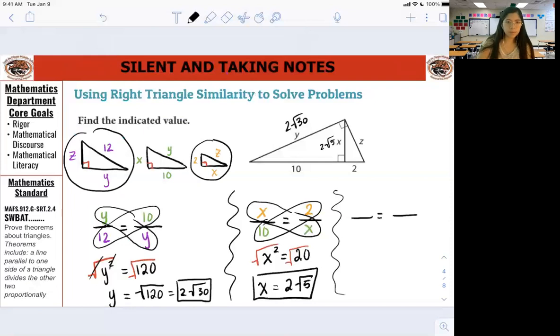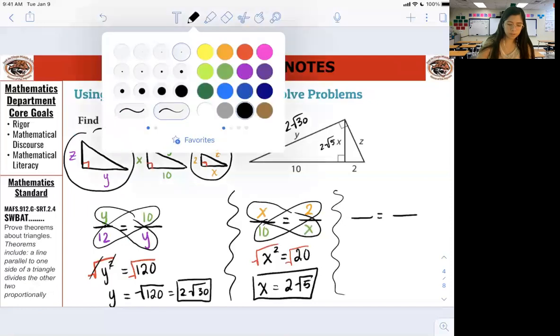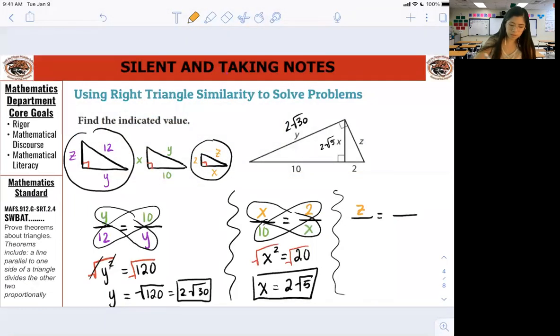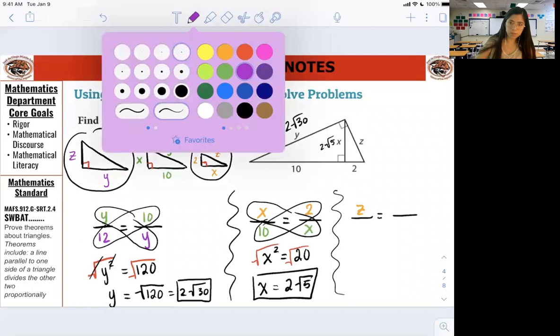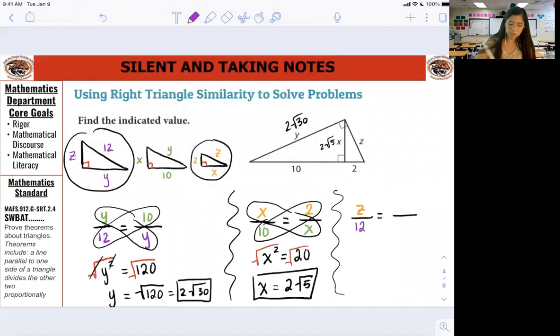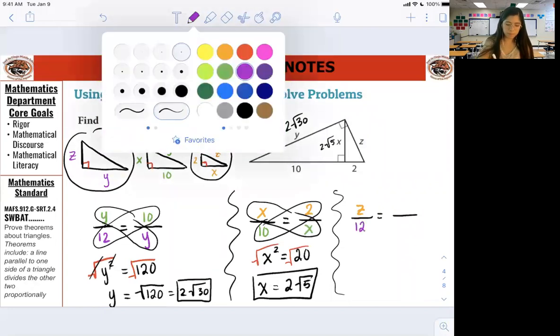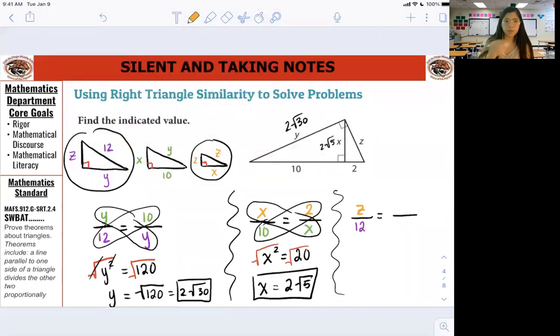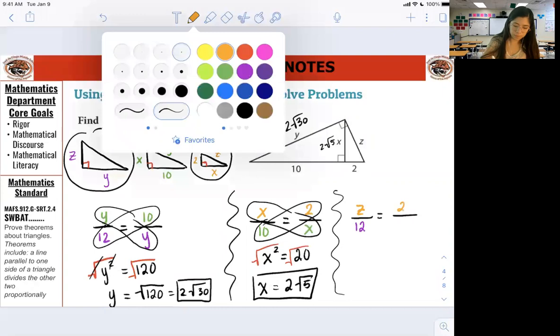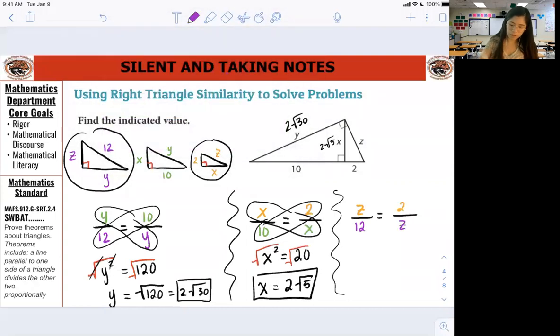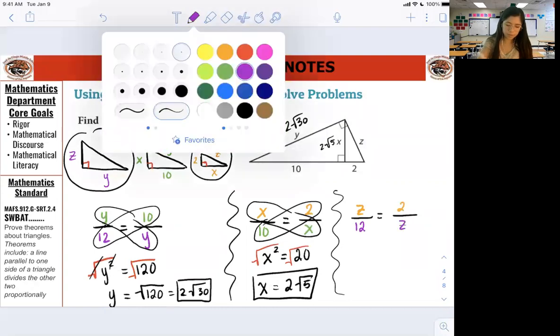Z over 12. Okay. And then 2 over Z. Awesome. All right, here we go.